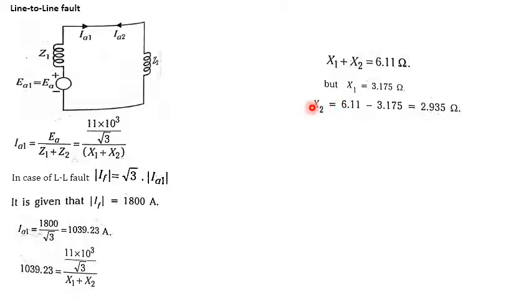From this we will get the x2 value as 2.935 ohm. Convert this value into per unit value: this is the MVA value divided by the voltage, 11 kV, and you will get 1.21 per unit value.